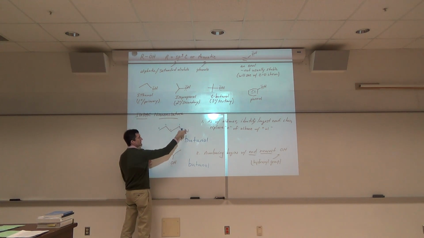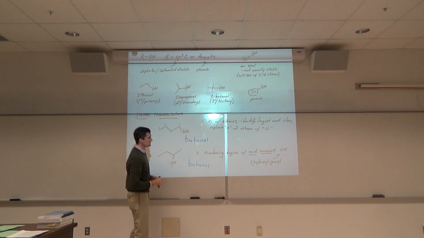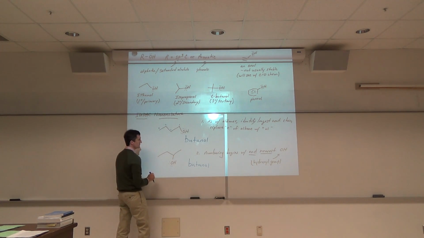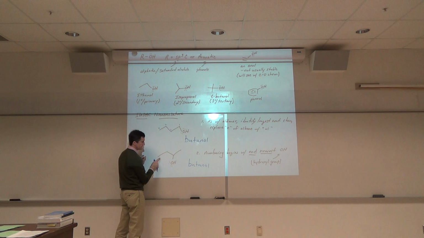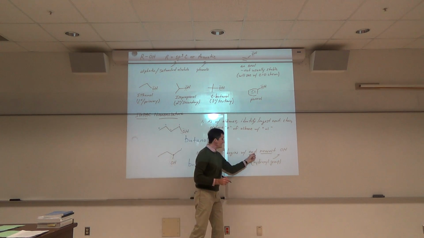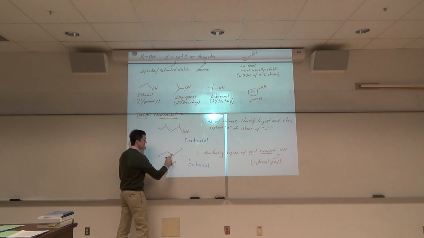The carbon nearest the OH is number 1. Numbering begins nearest the OH, the hydroxyl group. Where's the 1 here? That's right side. Is it right there? No, it's right there because it begins nearest the OH. That end is closer to the OH than this one. 1, 2, 3, 4.